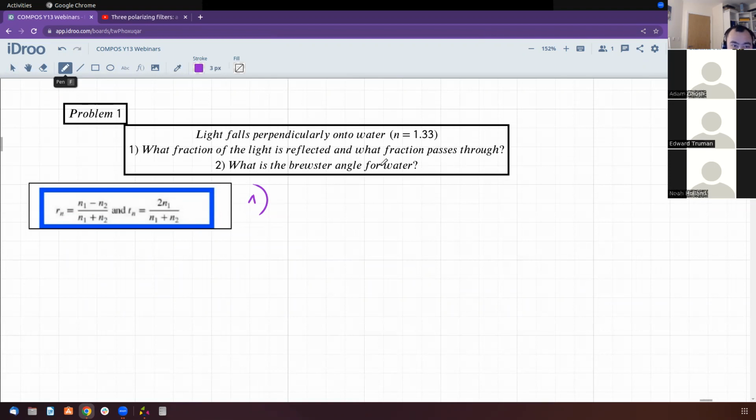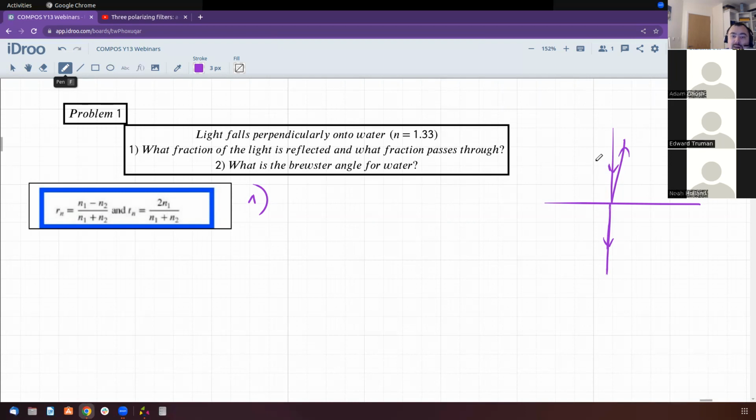What fraction of the light is reflected and what fraction passes through? So we have water, light falls, and some of it passes through and some of it is reflected. We want to know what percentage of light passes through and what percentage is reflected.